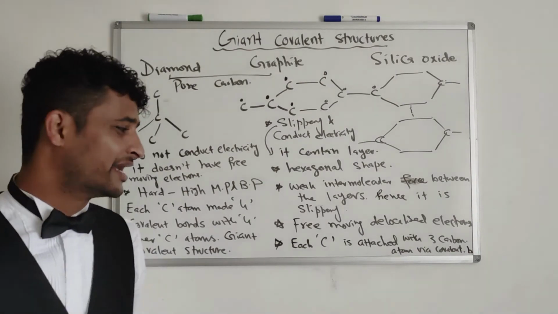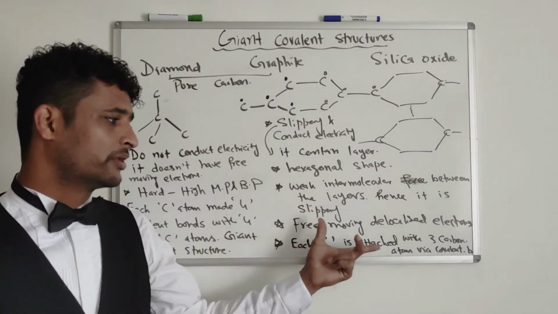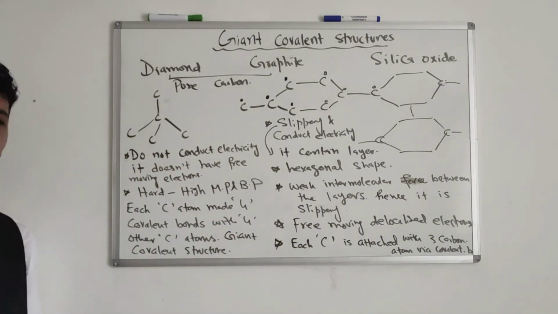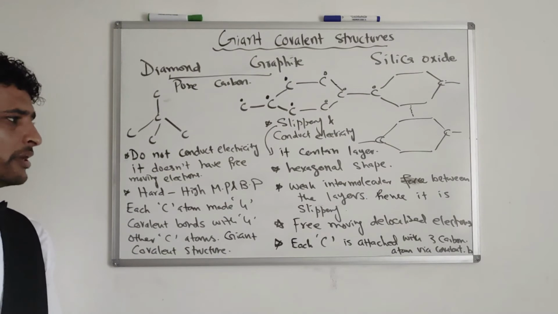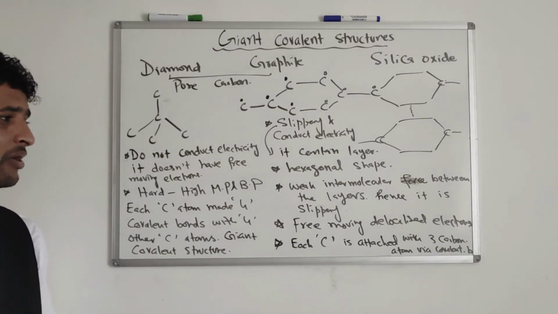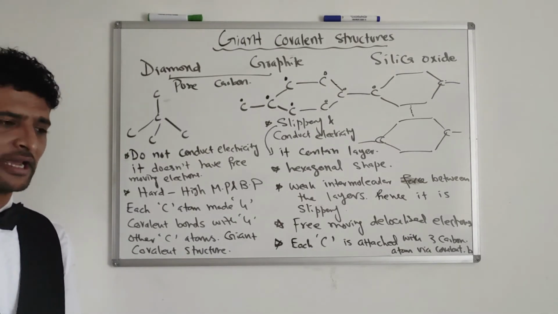So you need to write that in graphite each carbon atom is attached with 3 other carbon atoms via covalent bond. So in summary, you can take a screenshot, or you can write down, or pause it and write down these properties. And this is how the examiner is expecting you to write down the answer about the structure of graphite and diamond.